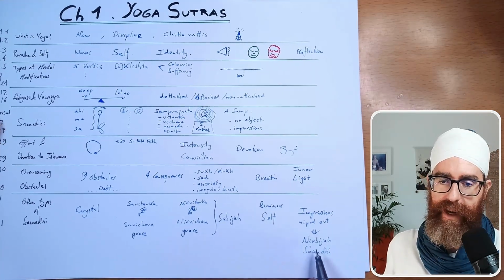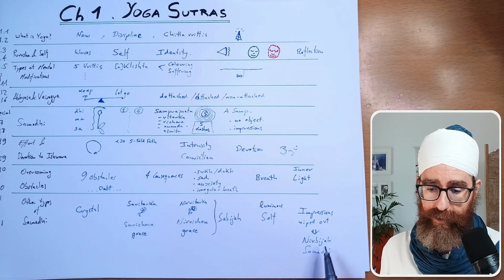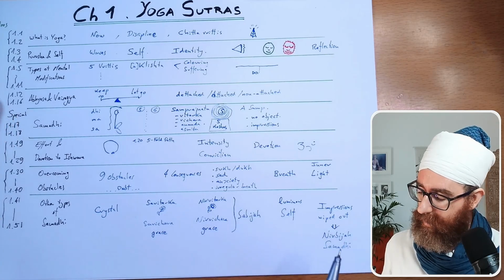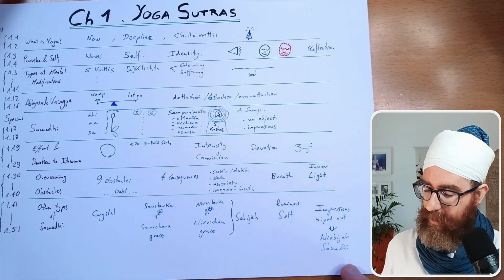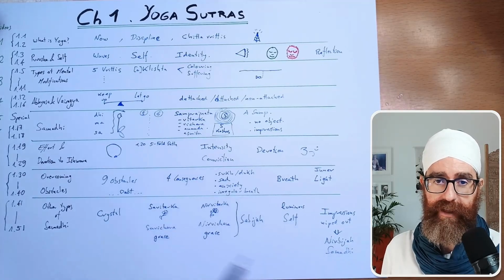The final state of Samadhi, where there are no more seeds, no samskaras, no impressions, and no need to reincarnate. We don't have to go back because we are liberated. So this is the liberation. This is the final objective.